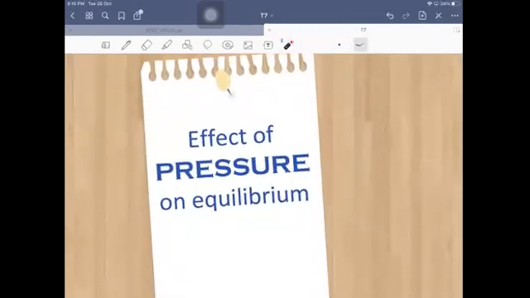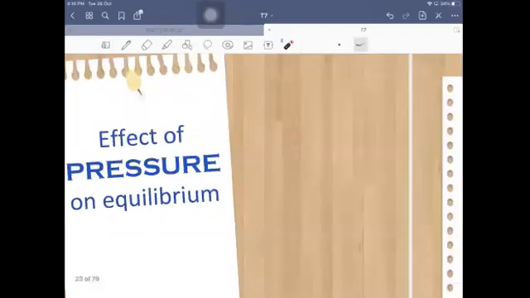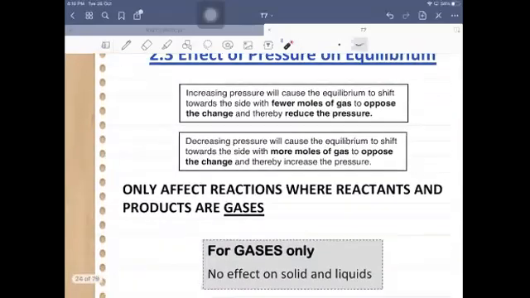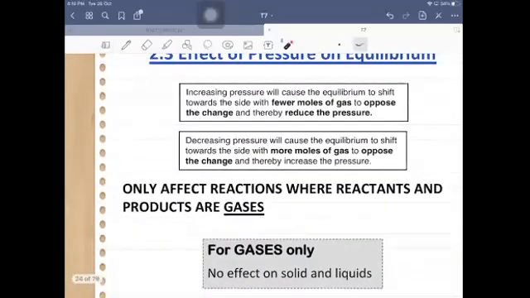The next one, we're going to look at the effect of pressure on equilibrium. When we talk about pressure, we only apply this to gaseous reactants and gaseous products. So please make sure that pressure will only affect an equilibrium system that has gaseous reactants and gaseous products. Pressure does not have any effect on solids and liquids.